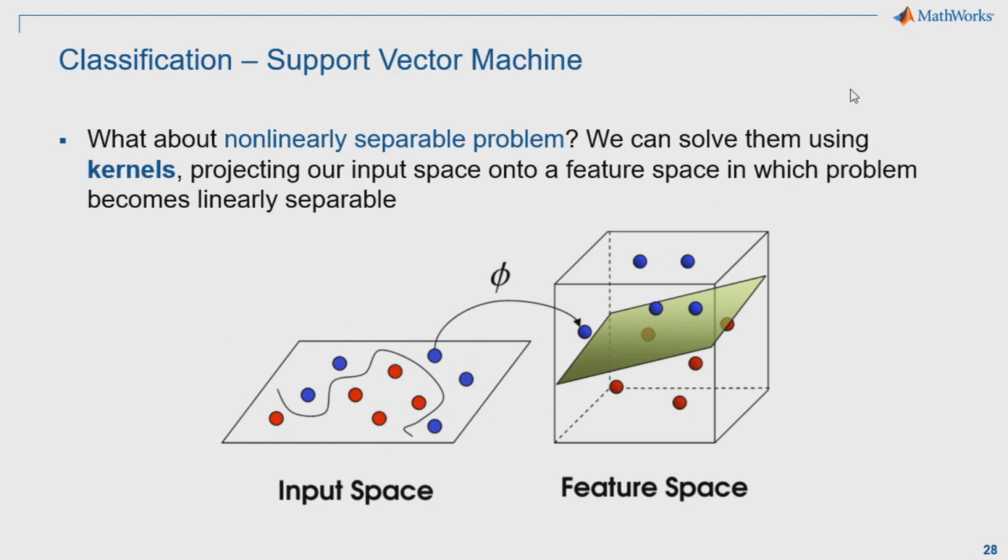For those scenarios, the support vector machine adopts what are called kernels, which are functions that move our input space into another space, called the feature space. Essentially it is a mapping, here represented by a phi function, which brings our input space into the feature space, in which most likely the problem is linearly separable.